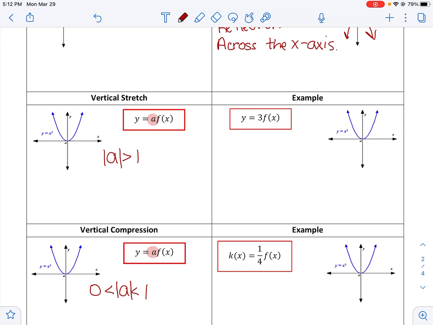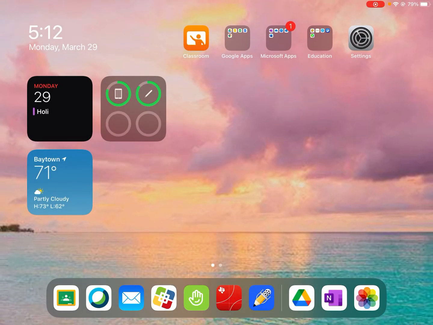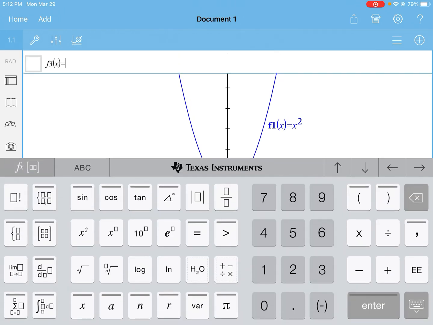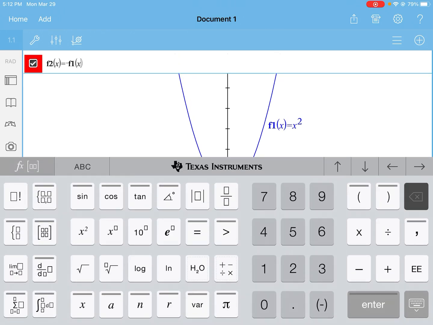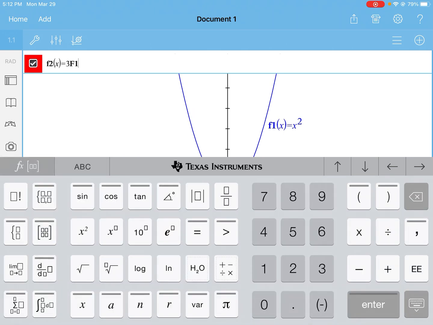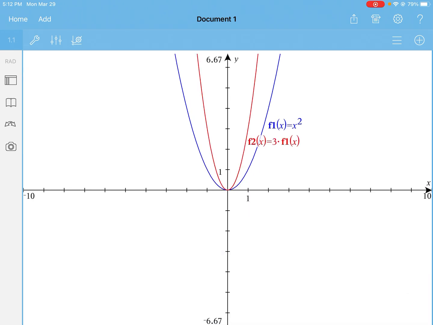So let's show you what a stretch looks like. If you have like a hair tie or rubber band and you stretch it, you think about it getting skinnier. So that's what it's going to do here. So I'm going to hit tab or the circle with a plus sign. I'm going to go up, and I'm going to erase everything, and I'm going to type in 3f1 of x. Press enter. So look how the red graph got skinnier.